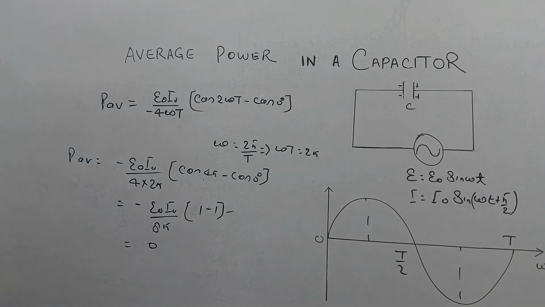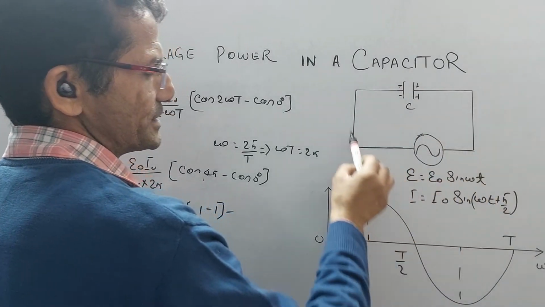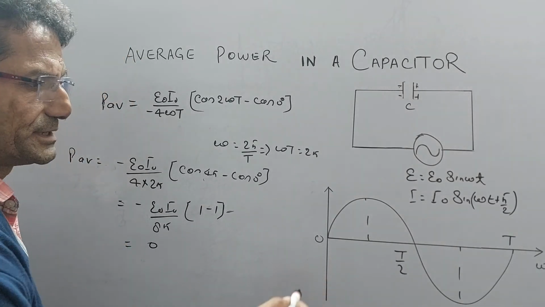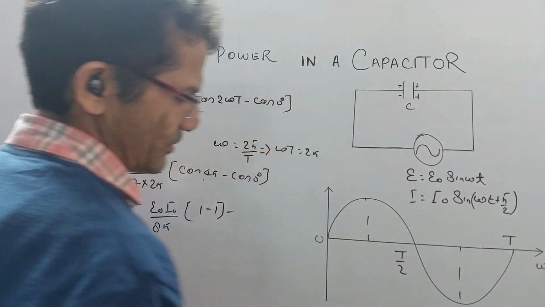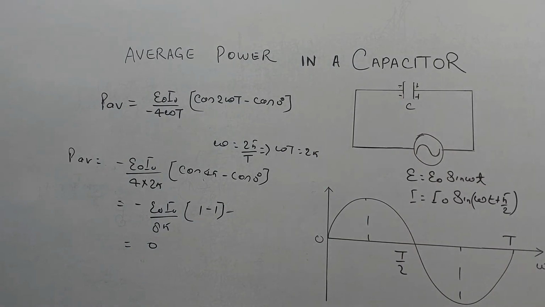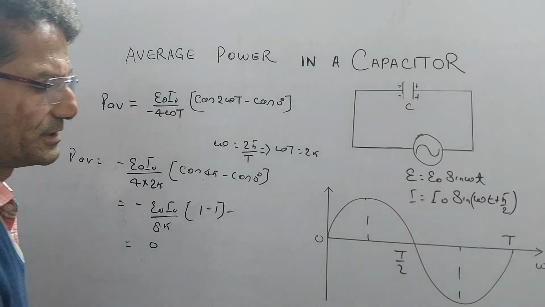So when there is only a capacitor in the AC circuit, the power loss, I would say the average power in one oscillation, will be 0, because different segments have different amounts of work done.